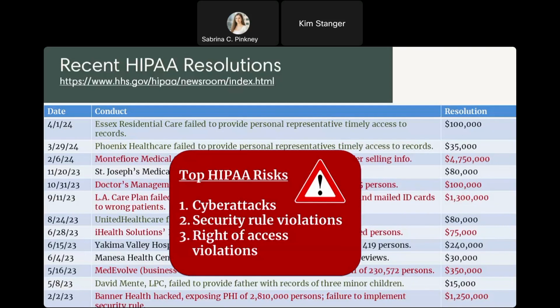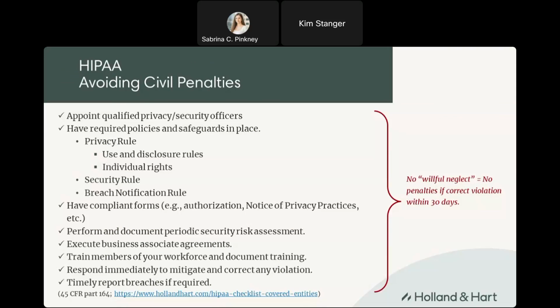If they come in and look at ransomware or hacks or things like that, and they conclude that you failed to implement the appropriate security rules, then they may cite you for that. Security rule violations, also the right of access violations. We'll talk about that in just a minute.